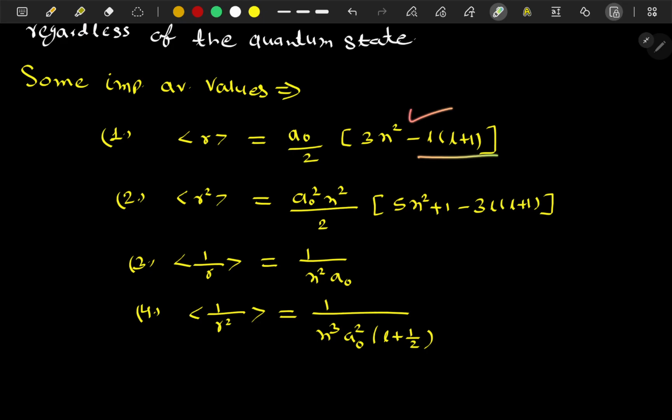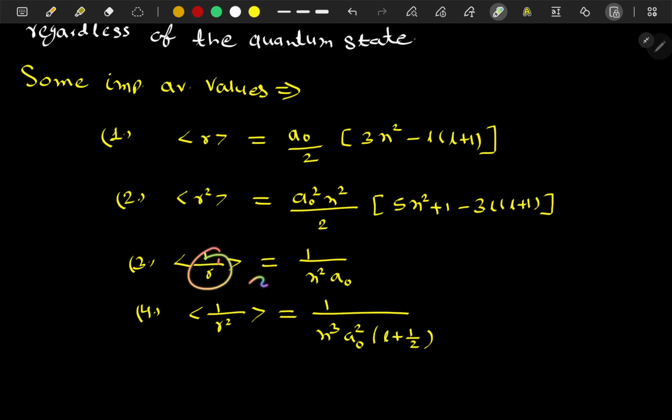The expectation value of r square equals a naught square n square by 2 times 5n square plus 1 minus 3 l into l plus 1. Got it? You cannot remember all this in a single shot, you have to do it again and again. It's a test match. Each day you have to play well to win the game. One day can ruin your entire career.